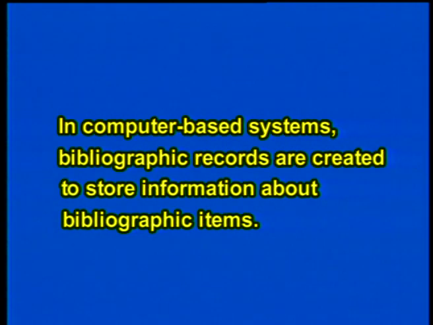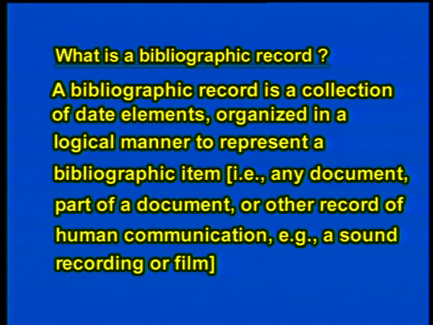In computer based systems, bibliographic records are created to store information about bibliographic items. What is a bibliographic item, or what is a bibliographic record? A bibliographic record is a collection of data elements organized in a logical manner to represent a bibliographic item.